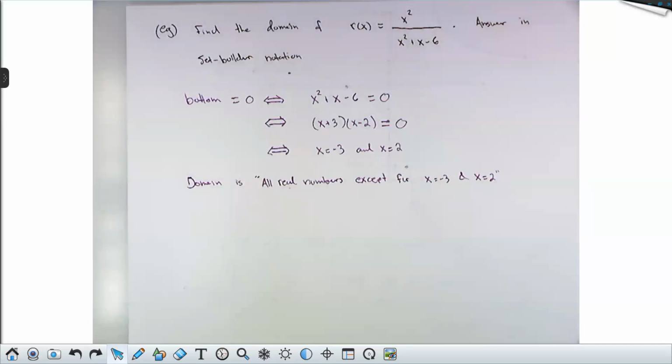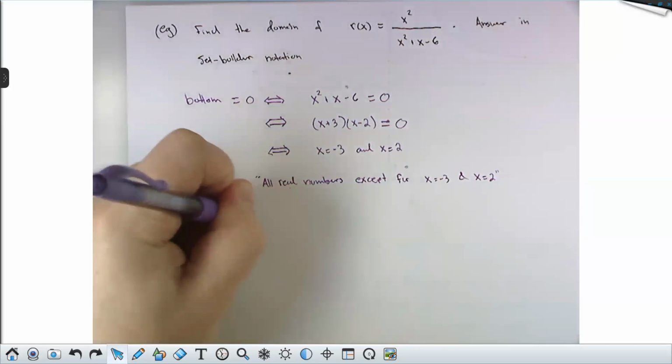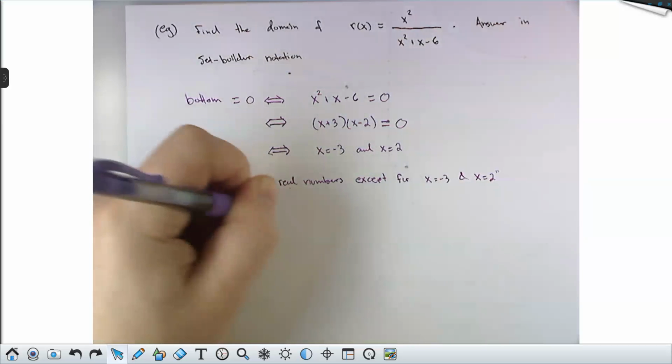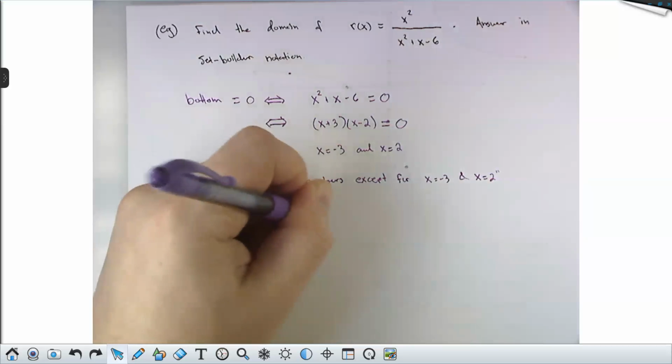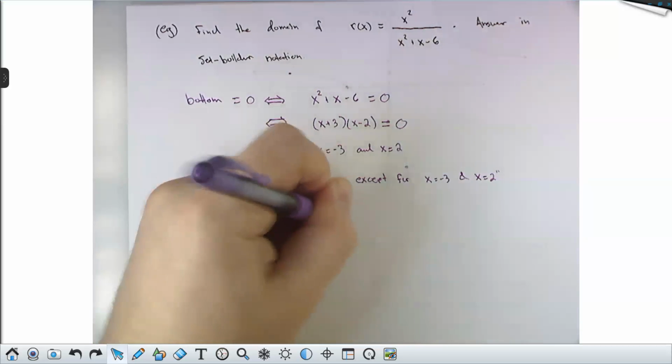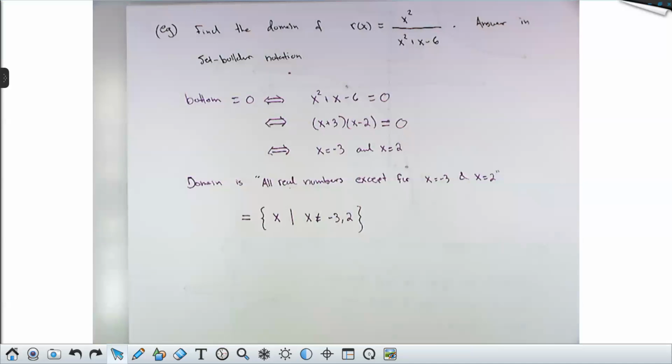And if I want to put this in the set builder notation, that's the set of all x's such that x is not equal to -3 or 2. You can write it like this. Or you could write x not equal to -3, x not equal to 2 separately. Either one is fine.